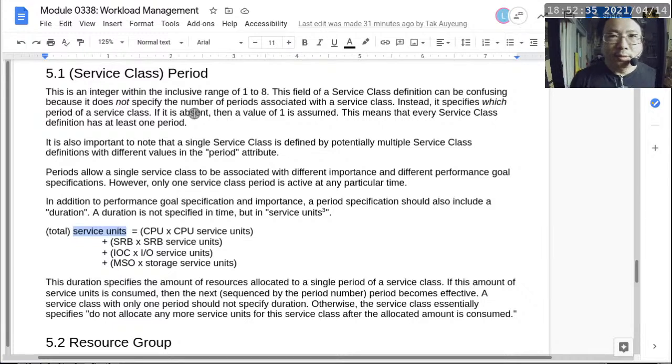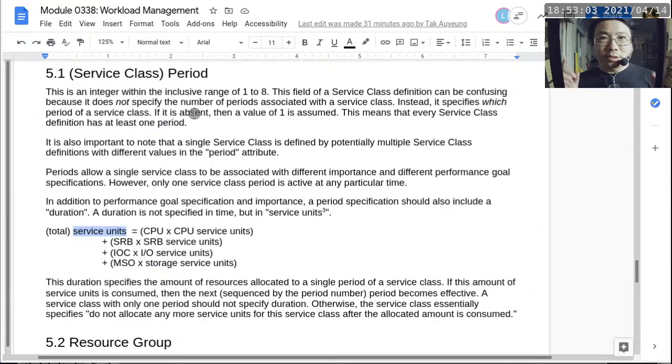So would a service class period be like a 24-hour period? Nope. And then it would start all over the next day? I do not think so. I think these are starting from the system start time and going forward, because it's just measuring the total. So they don't get reset.